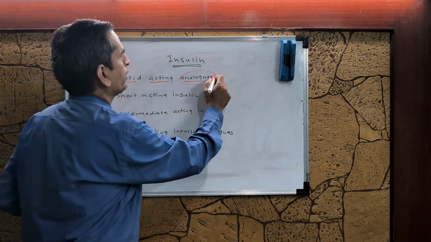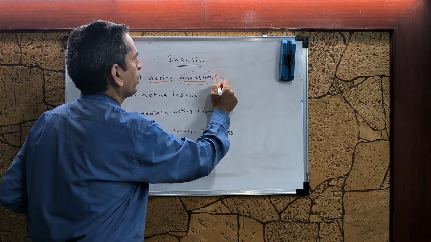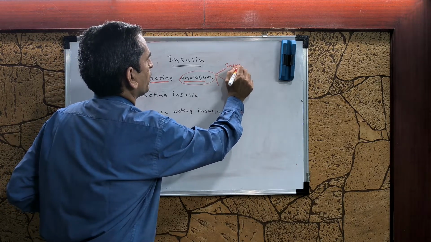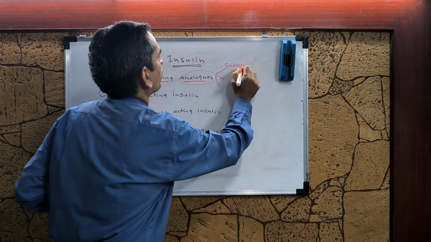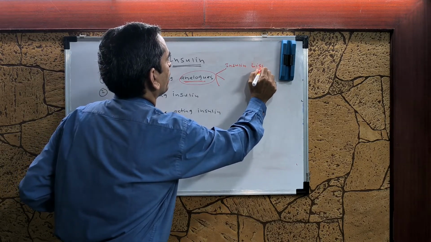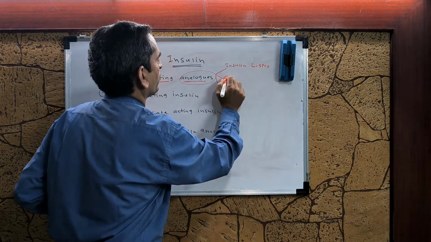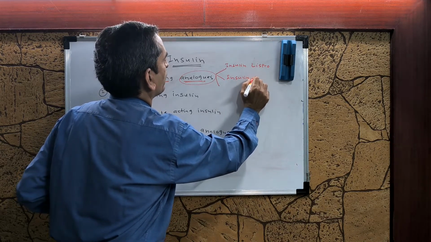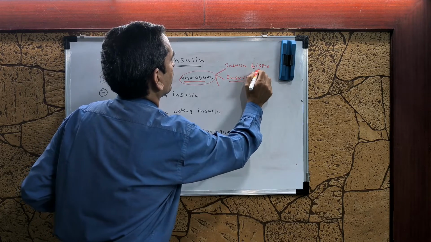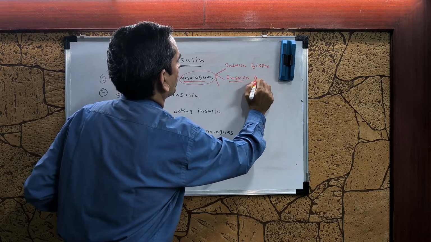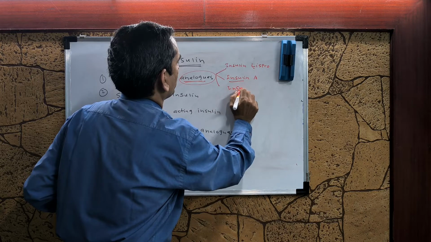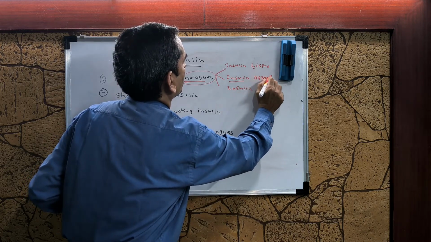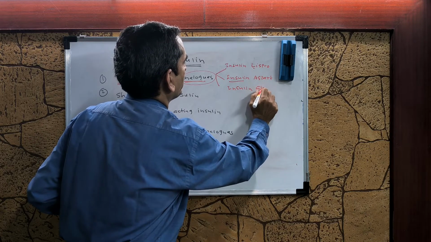The examples of rapid acting insulin analogs are insulin lispro, insulin aspart, insulin glulisine.